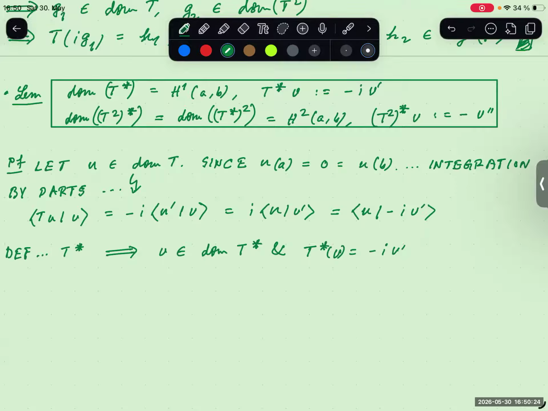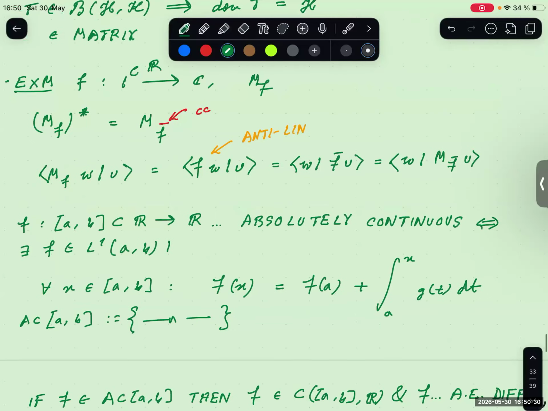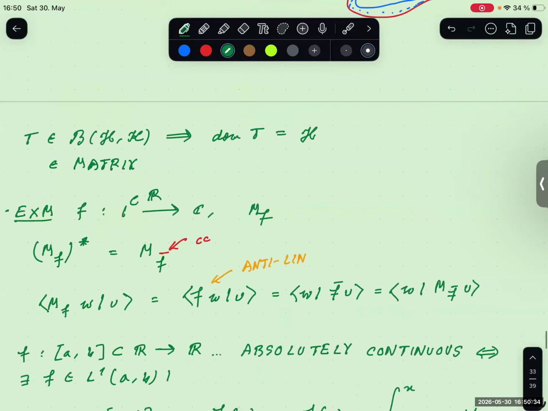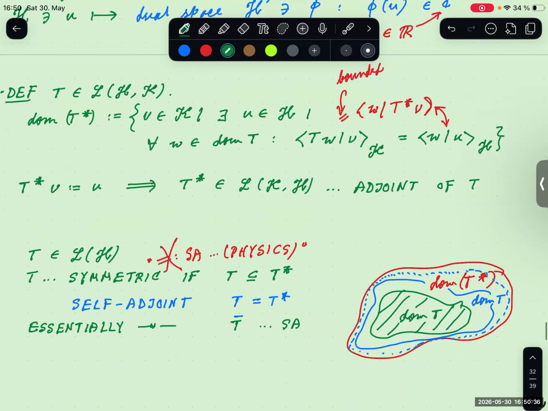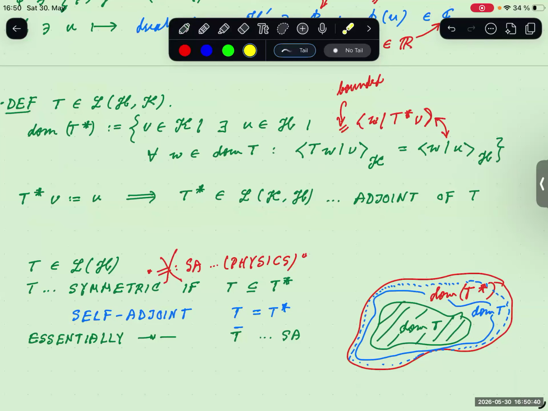So is it clear? We had this very abstract definition before. Let me go there. And how did we define it? We first had this equality in terms of inner product, and from this inner product we came here.